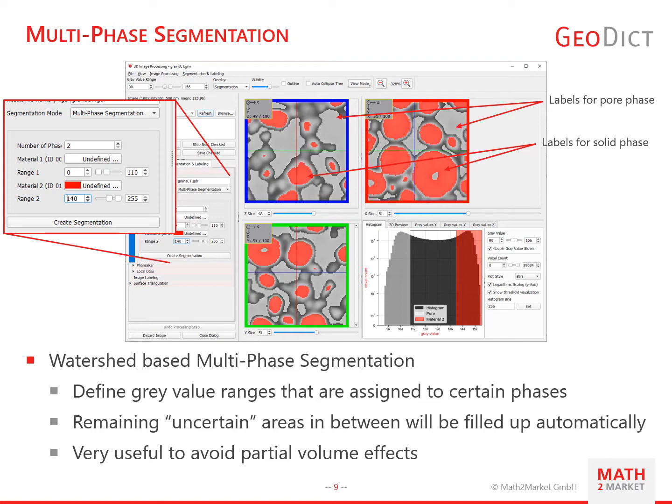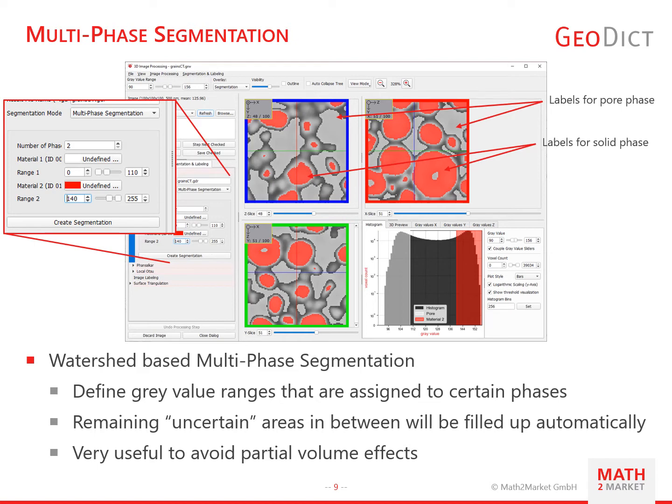In this example, you see in the bottom right there's a histogram, and overlaid on the histogram are the gray value ranges that have been assigned to a certain phase. On the left in white there's the pore phase, and on the right in red there is the solid phase. And all the area in between, that is also visible in the images, will automatically be filled up using a watershed algorithm.